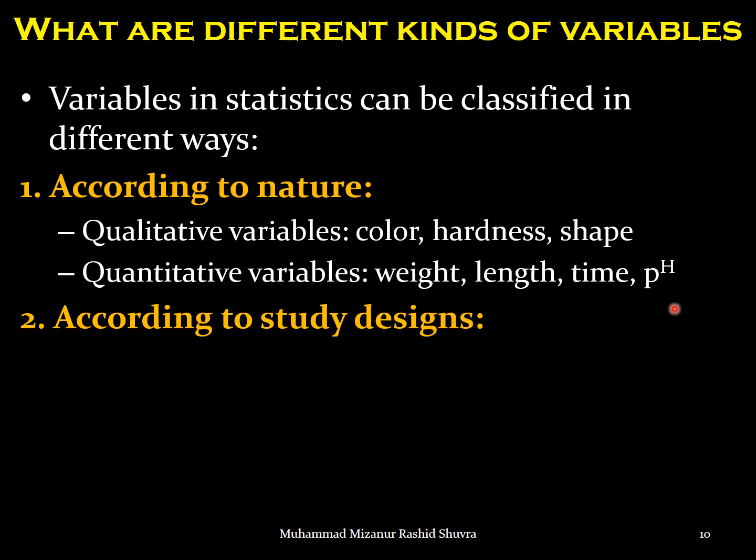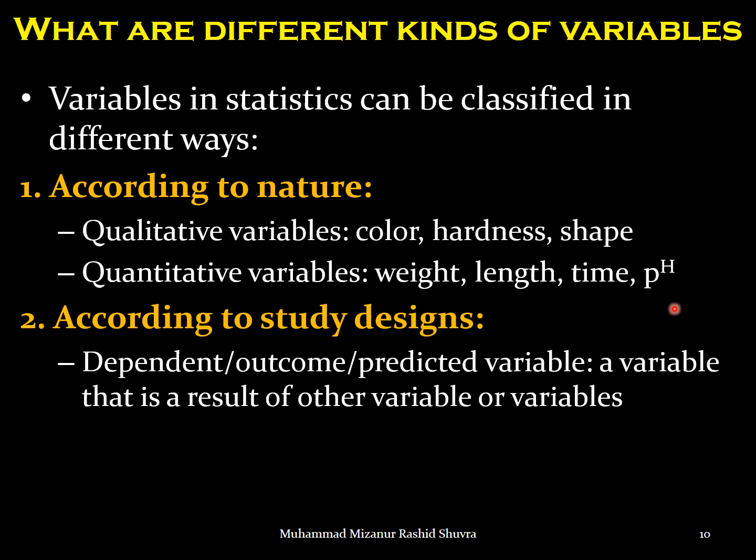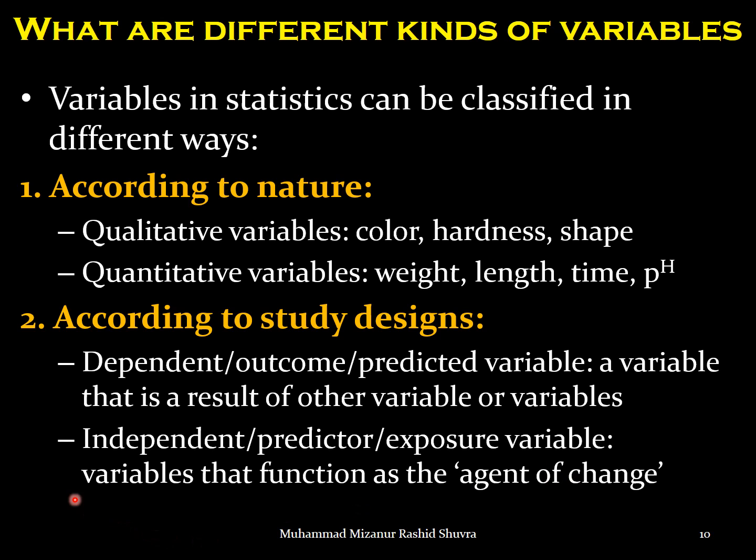Okay. According to study design, you have a dependent or outcome or predicted variable, and then you also have an independent, predictor or exposure variable. Now, these names that you're seeing here with oblique signs, it means they are all the same things.